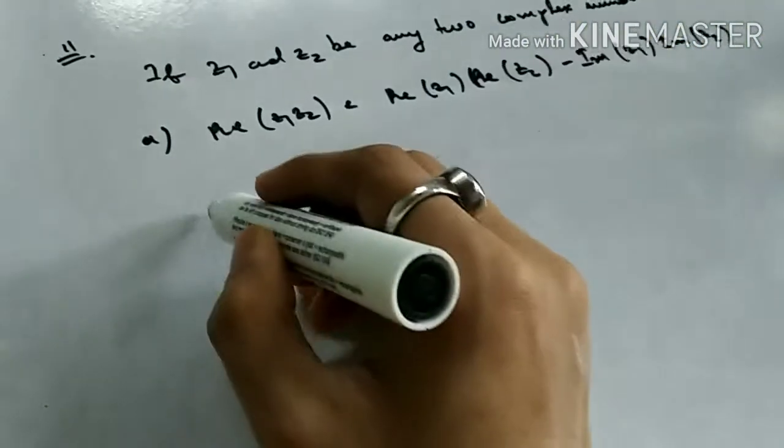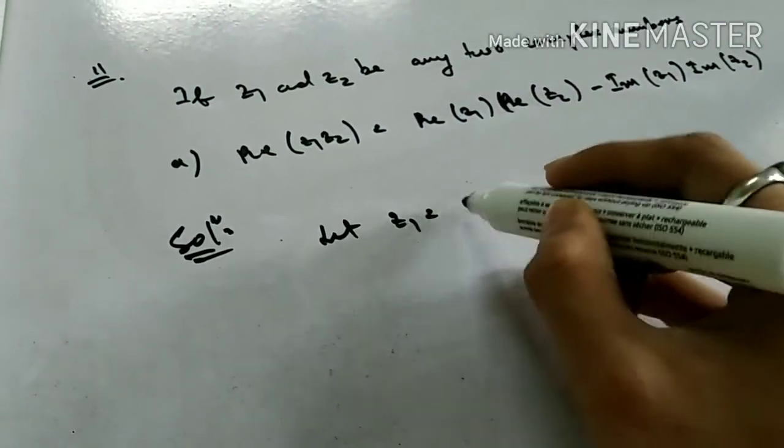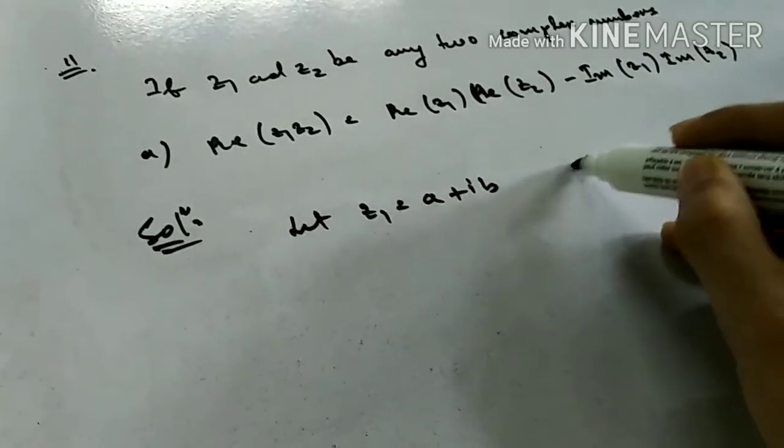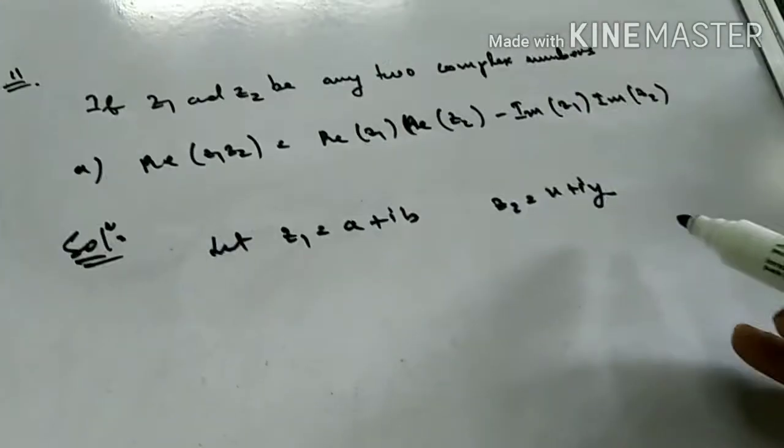Okay, so first of all, let Z1 equal a plus ib and Z2 equal x plus iy. Let us take these two complex numbers.